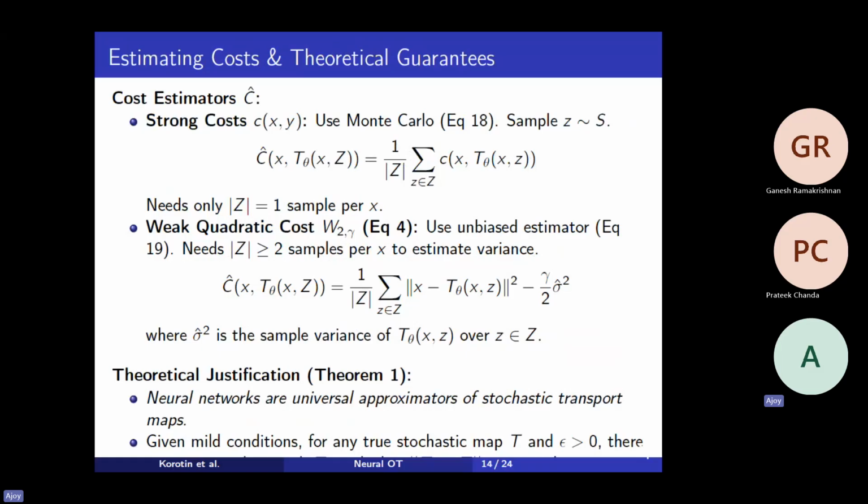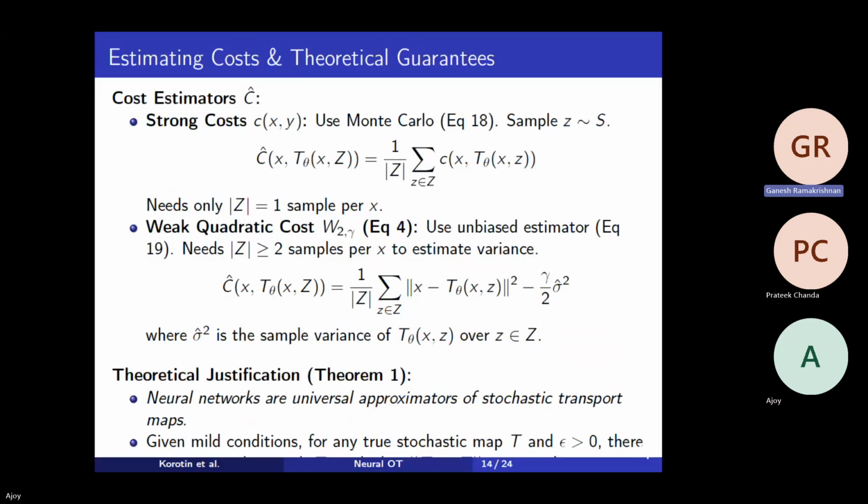But for the weak quadratic cost, that is the stochastic distributions, they added a variance term in order to track the variance of the mapping of the input x. That introduces a stochastic nature in the transport mapping, and using this loss function they learned the stochastic map, while the first one was just for a deterministic one. All of this comes in the algorithm, and this is the theorem which they had.